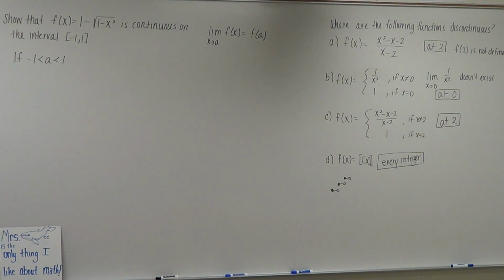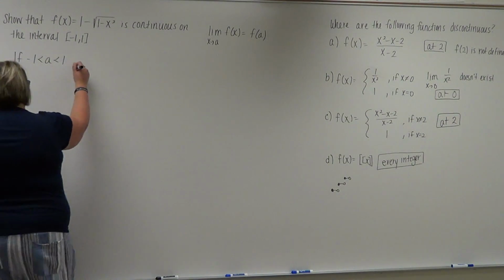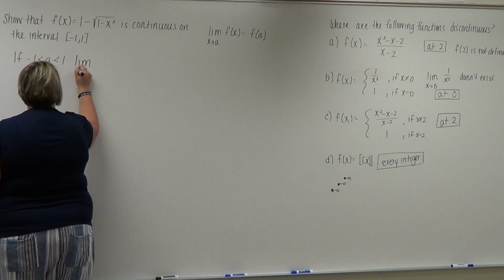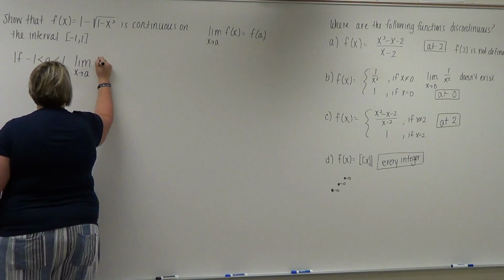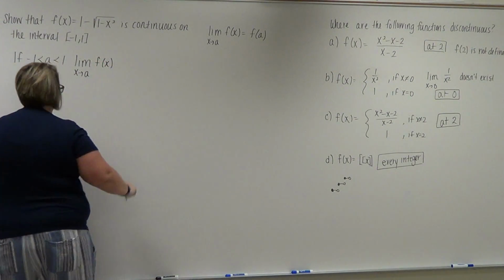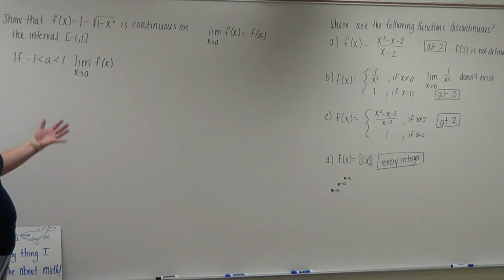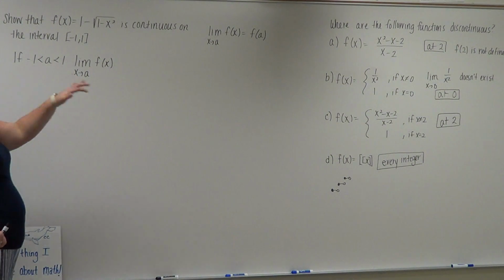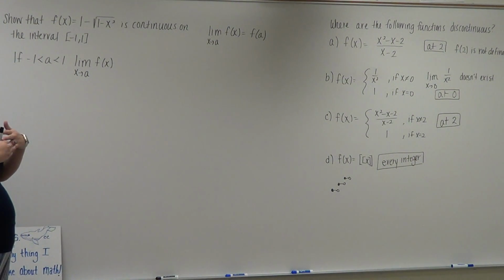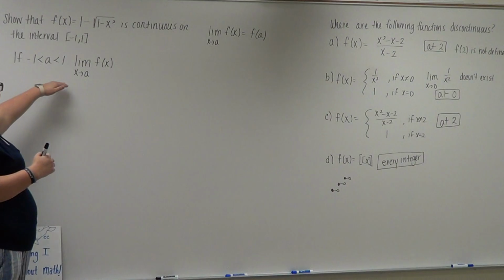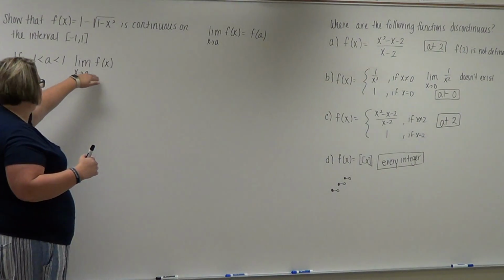Okay, we're going to find the limit as x approaches a of f of x. So we're going to show that the left-hand side and the right-hand side are equal. So the limit as x approaches a of f of x.